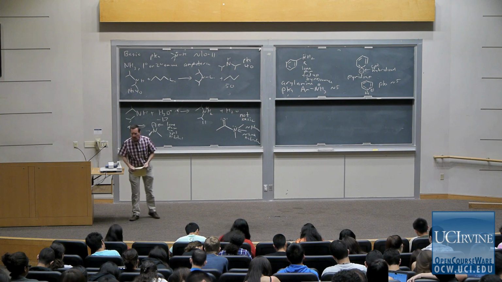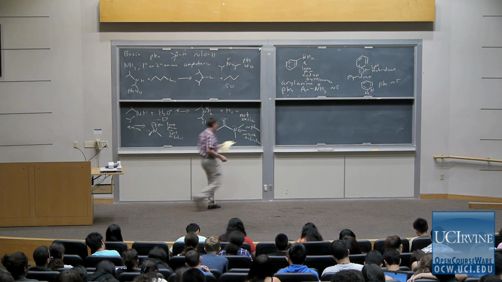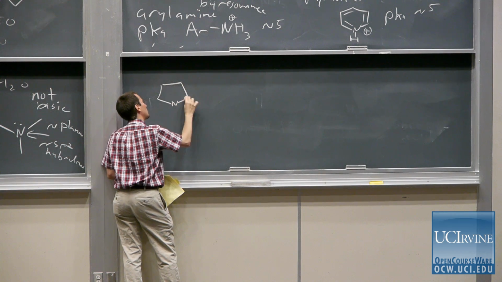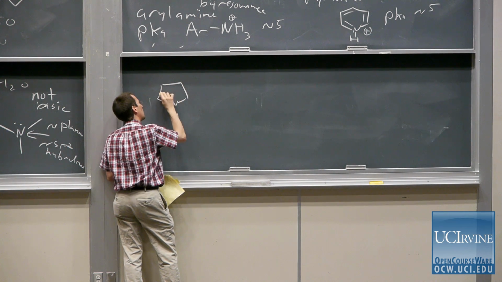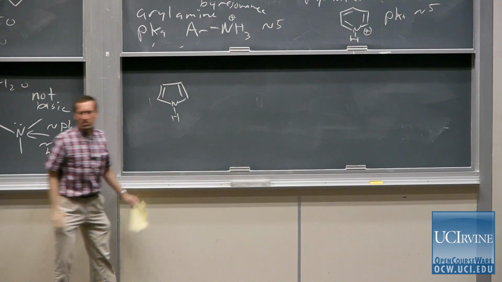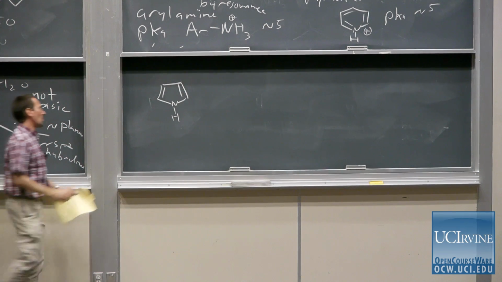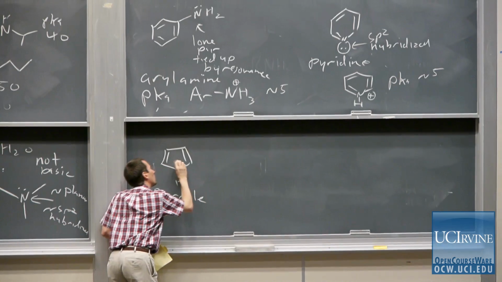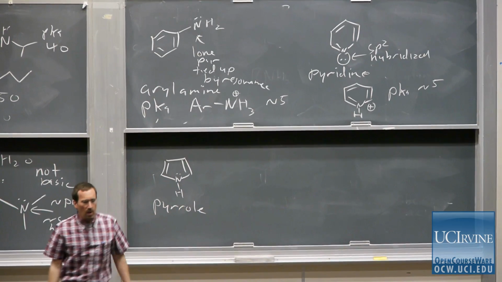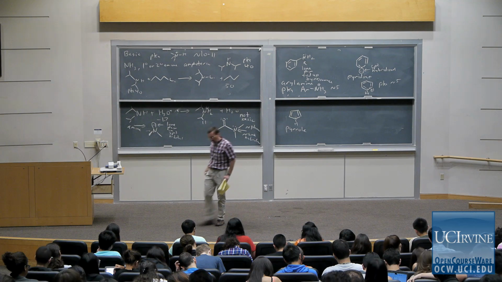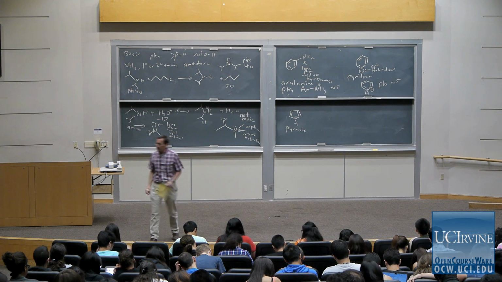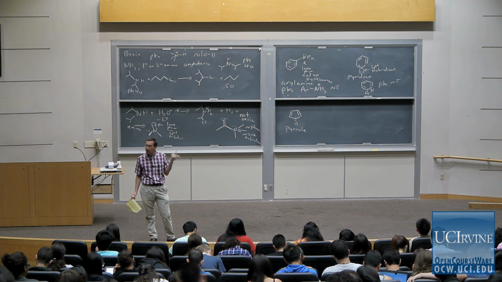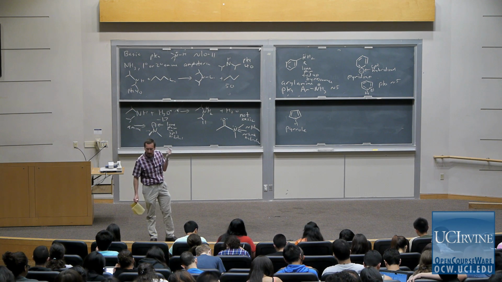I want to give you one other nitrogen-containing heterocycle, and it's one that you've probably seen before in your discussion of aromaticity. And this nitrogen-containing heterocycle is pyrrole. Now, pyrrole's another one I think that beginning students often find confusing, because you look at that, you say, oh, there's a lone pair of electrons on the nitrogen. It looks like it ought to be basic.